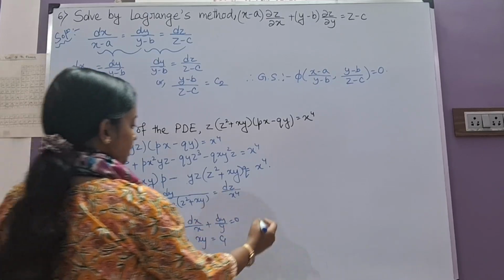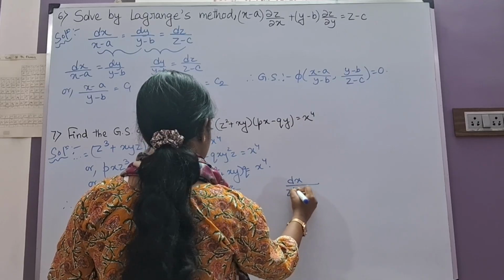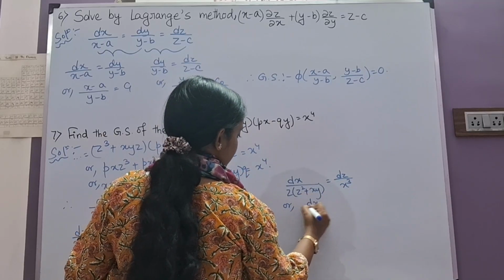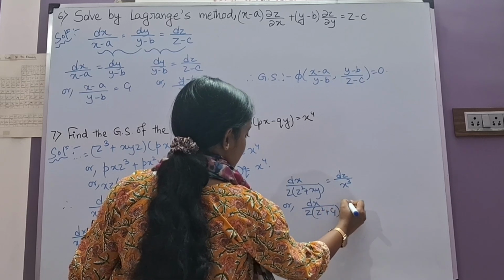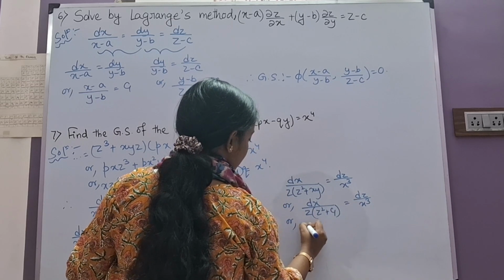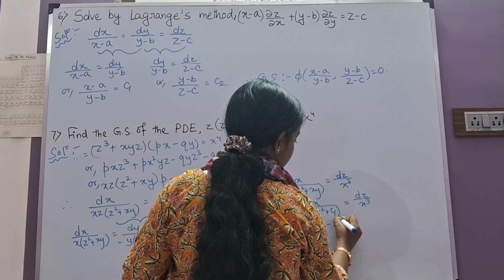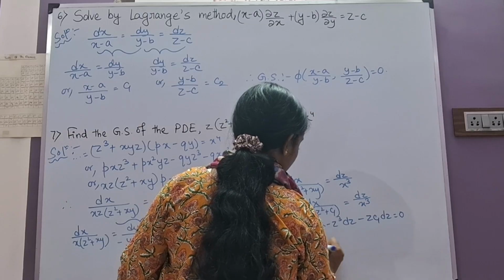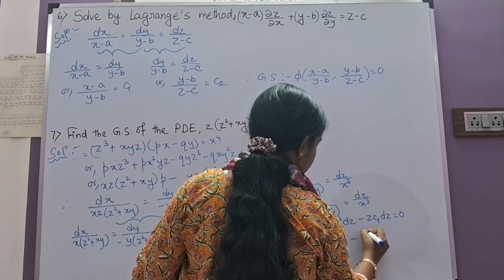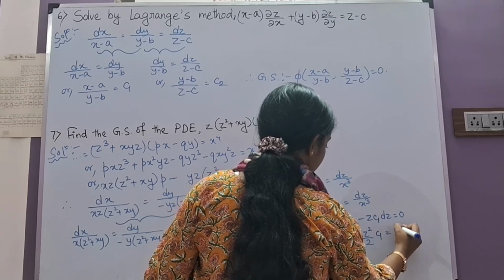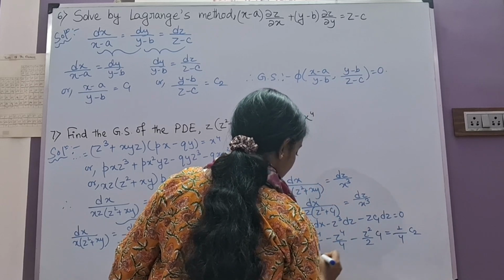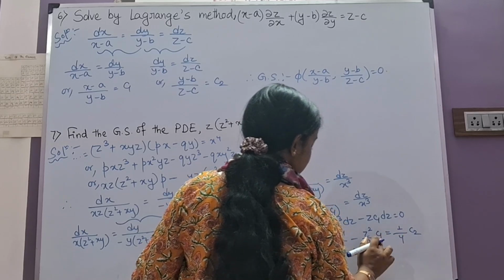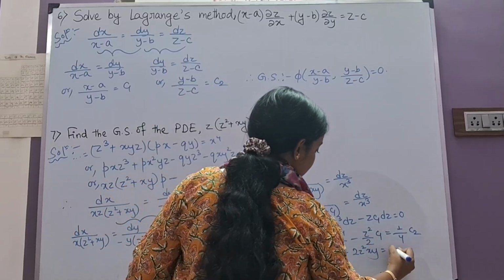Now we are going to choose the first and third ratio. So what we get? dx by z into (z squared plus xy) equal to dz by x cube, or dx by z into (z squared plus c1) equal to dz by x cube, or x cube dx minus z cube dz minus z c1 dz equal to 0, or x to the power 4 by 4 minus z to the power 4 by 4 minus z squared by 2 c1 equal to 1 by 4 c2, or x to the power 4 minus z to the power 4 minus 2z squared xy, that is we put the value of c1 here, equal to c2.